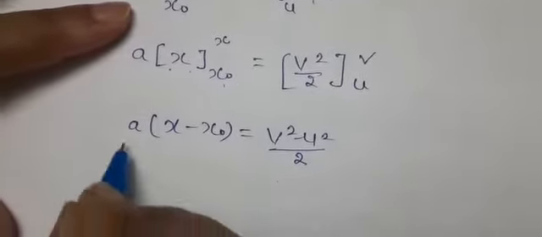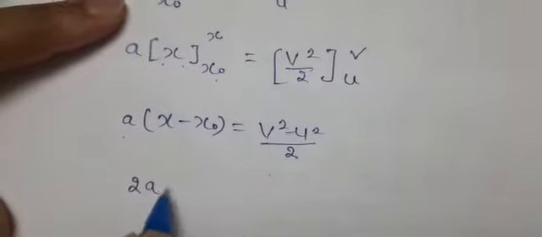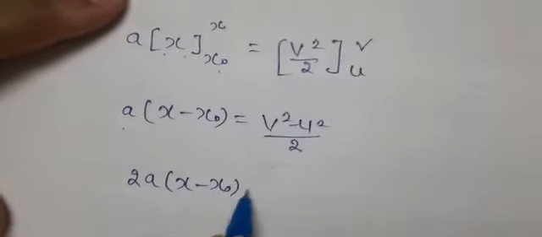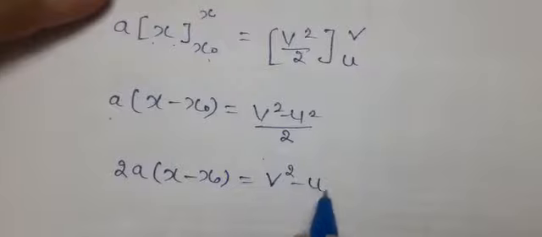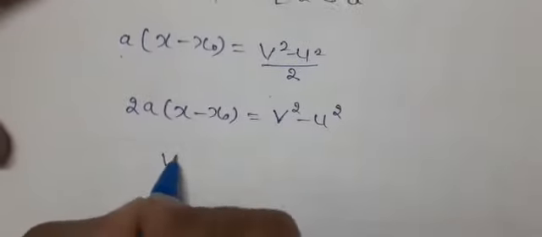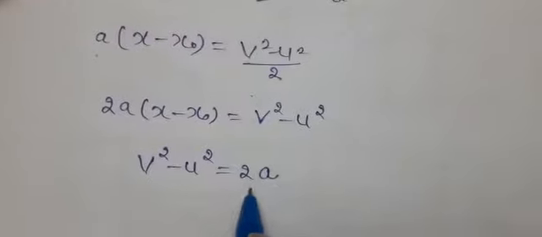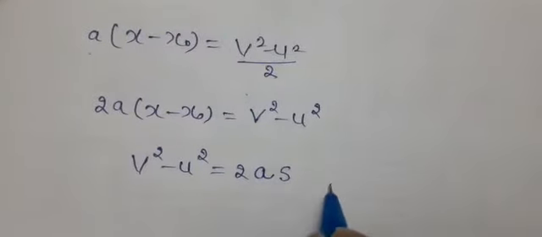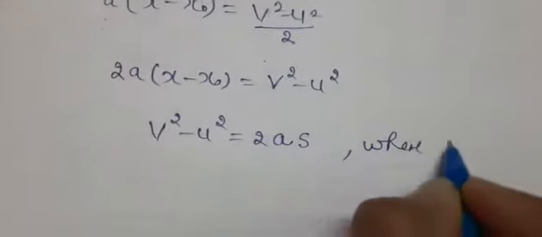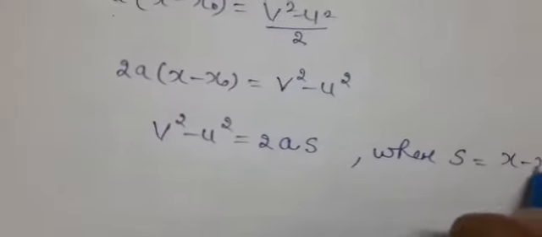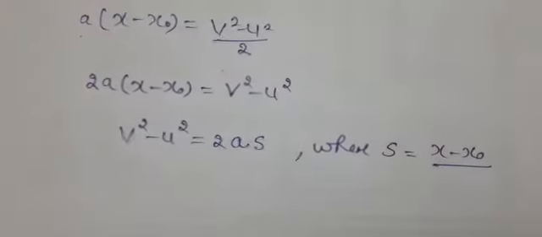So now 2 is multiplying on the left side. 2a into x minus x naught equal to v square minus u square. So that's why v square minus u square is equal to 2a into s, where s is equal to x minus x naught.